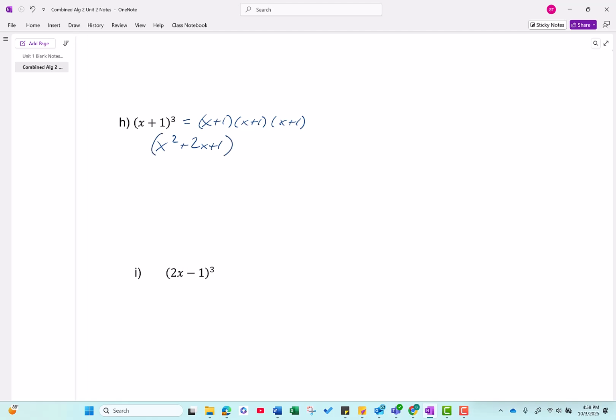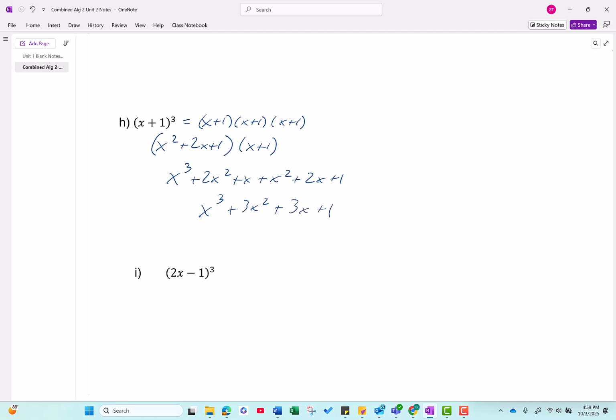That's the trinomial of x plus 1 times x plus 1. So now I'm going to do the last one. Now I'm going to get x cubed plus 2x squared plus x squared plus 2x plus 1. Rewrite as x cubed plus 3x squared plus 3x plus 1.